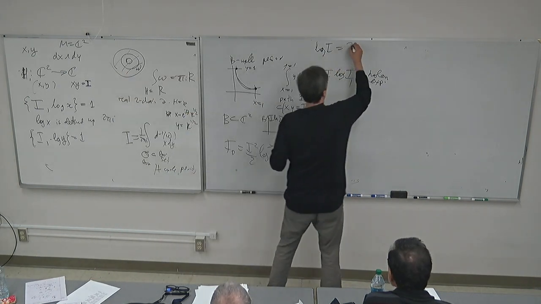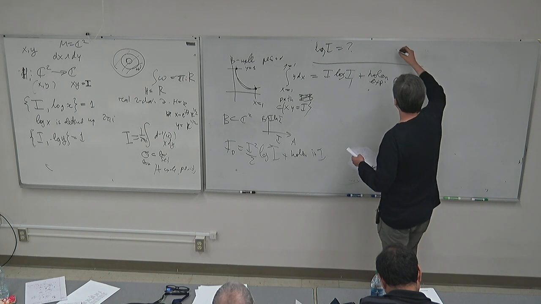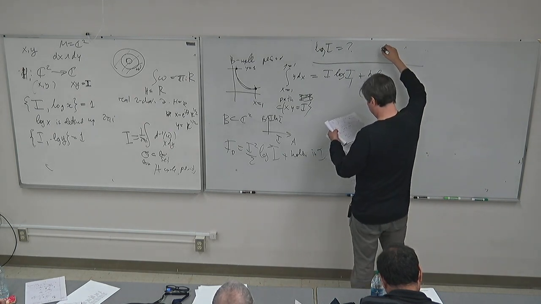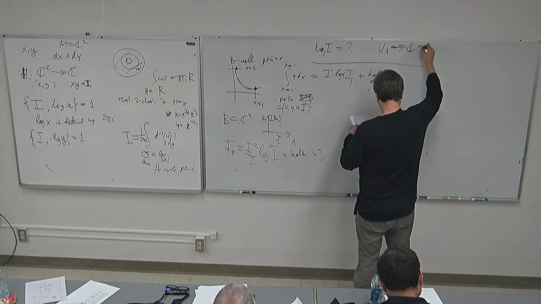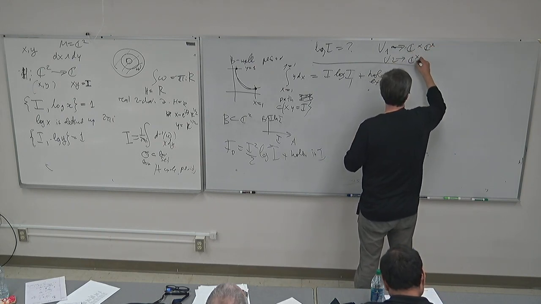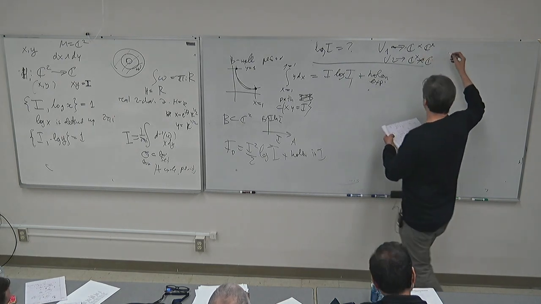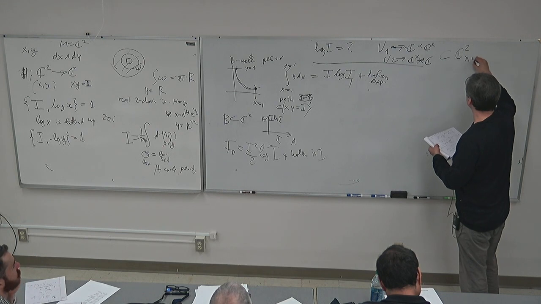One can understand it in the following way. Before going to the quantum calculation, one has two domains, U1, which maps to C cross C star, and maybe U2 maps to C cross C star cross C, sitting in my C2 with xy coordinates.